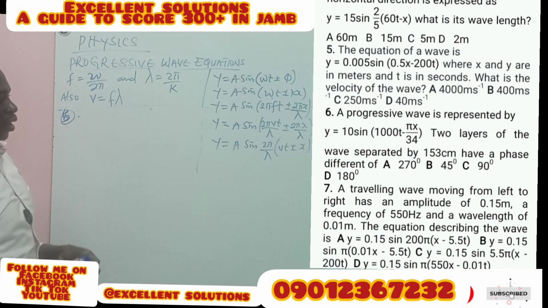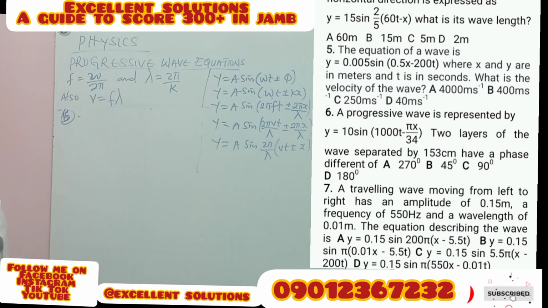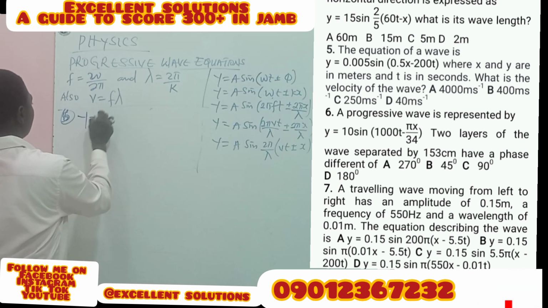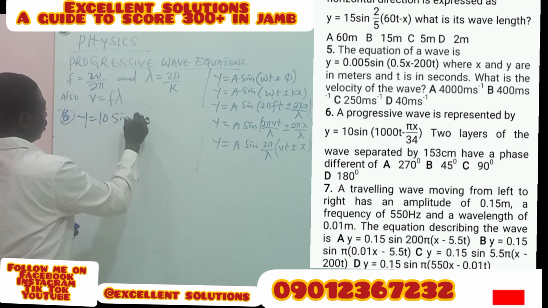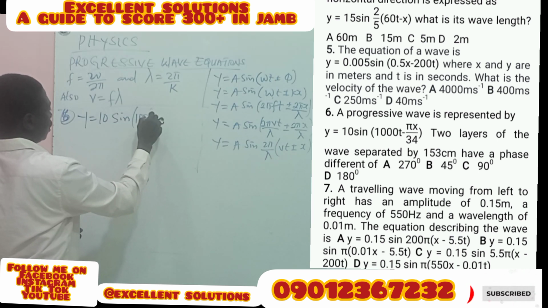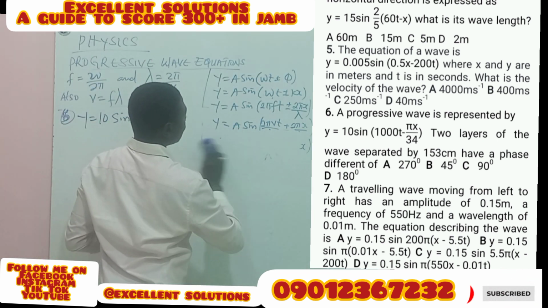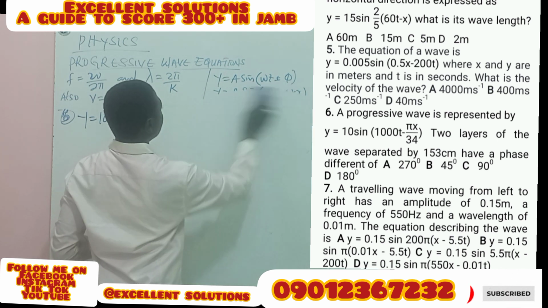Question 6 says, the equation of a progressive wave is represented by y equal to 10 sine 1000t minus pi x upon 34. Let me clean this since we are done with trying to find what they are.